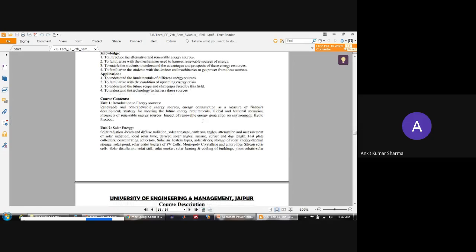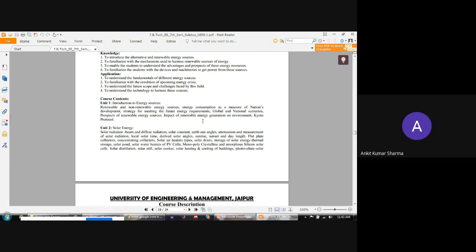In this unit, we will discuss renewable and non-renewable energy and the difference between renewable and non-renewable energy consumption, the per capita energy consumption, and country-wise energy consumption, the energy scenario in India, the global energy scenario, the prospects of renewable energy sources, the impact of renewable energy generation on the environment, and the Kyoto Protocol, which is given by the United Nations. So we will discuss the basic concepts of all renewable sources in the introductory part.